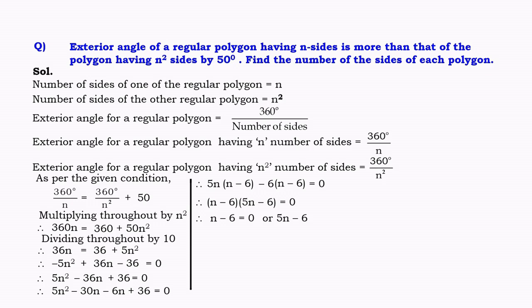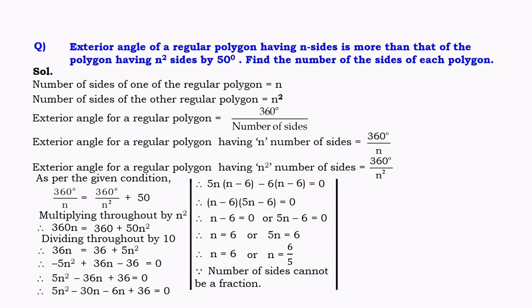For the product to be 0, either n minus 6 equals 0 or 5n minus 6 equals 0. From the first equation, n equals 6. From the second equation, n equals 6 divided by 5.